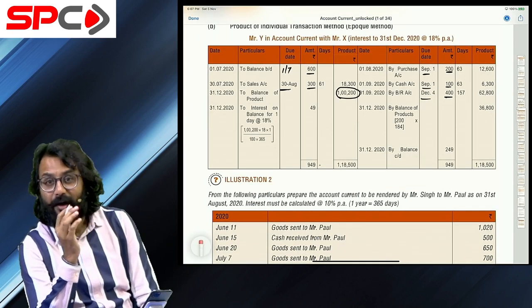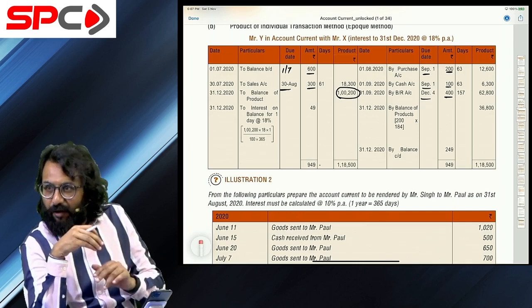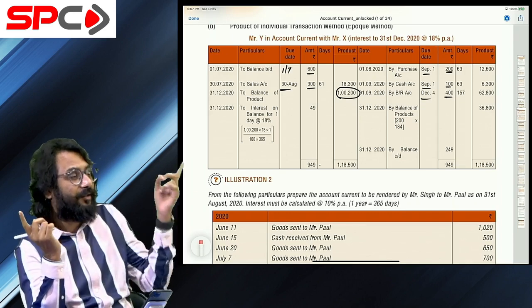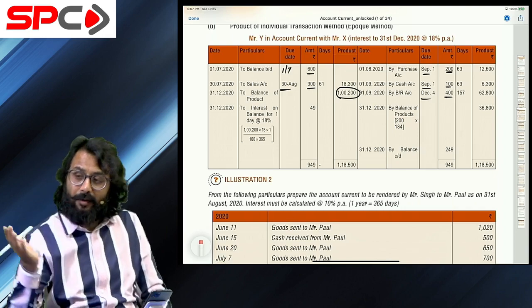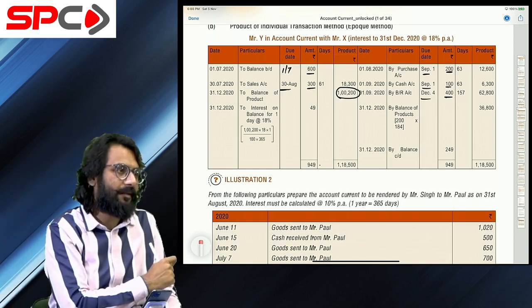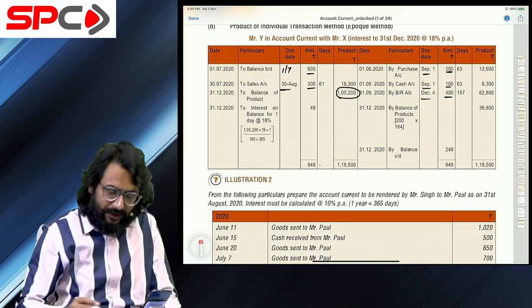I told you, now you don't have to question me. This is the system. In the forward method, the product comes on the credit side, and interest is written on the debit side. In the backward method, the product is going to come on the same side and you have to write interest on the same side. Yes. Happy? Now let's understand it this way.